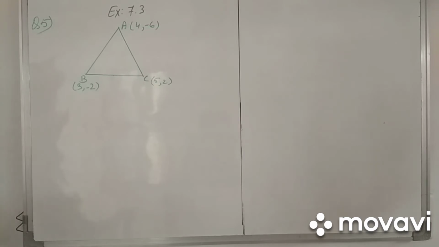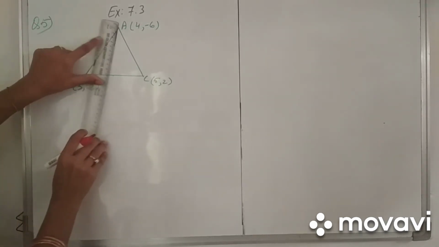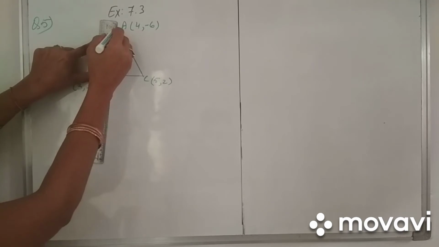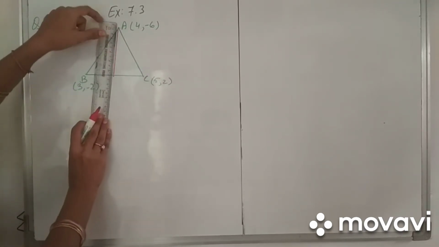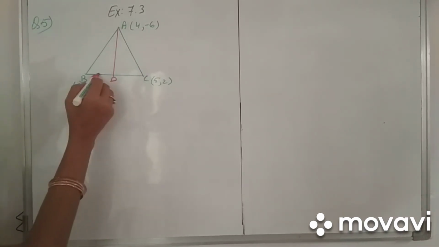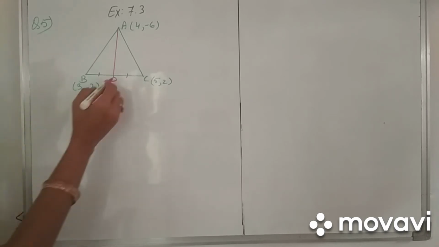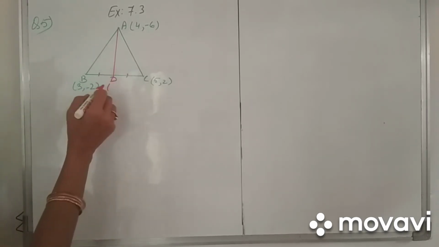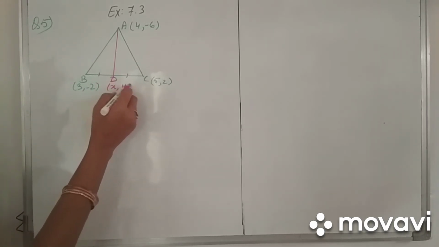Now one thing we want to clear here is what we mean by median. Median means a line that divides the opposite side into equal parts. Means BD is equal to DC, means D is a midpoint.